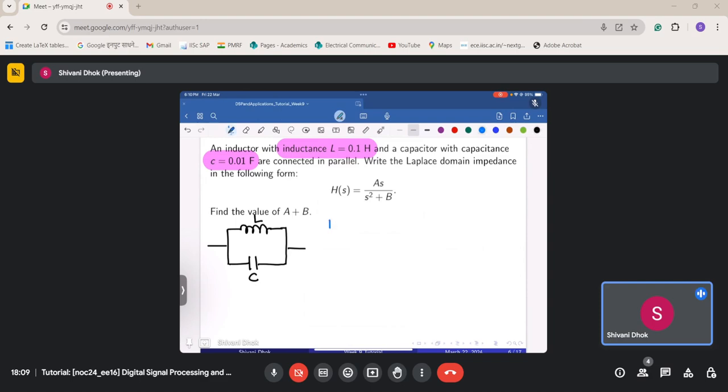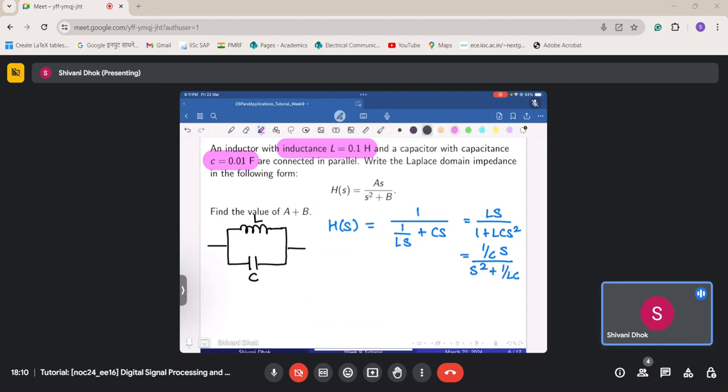So this H of S will be given by 1 upon (1 upon Ls plus Cs), which is equal to Ls upon 1 plus LC S square. If I divide numerator and denominator by LC, I'll have (1 by C) S upon S square plus 1 by LC.